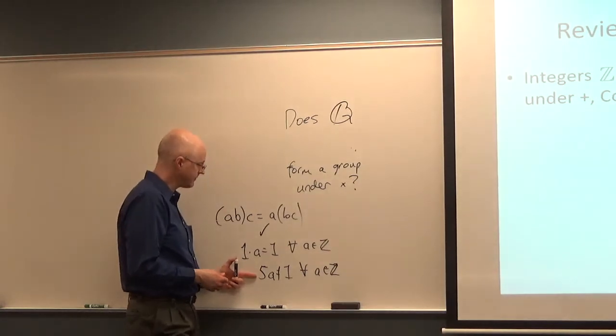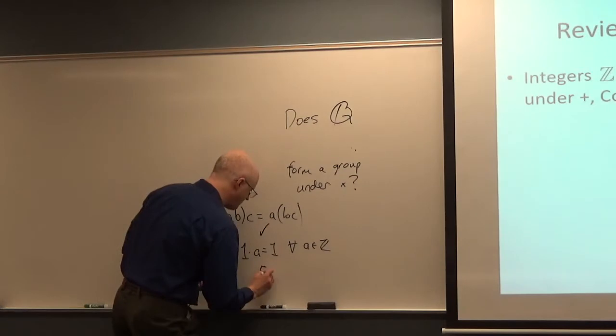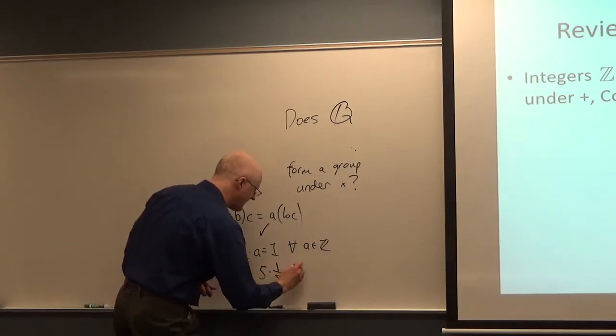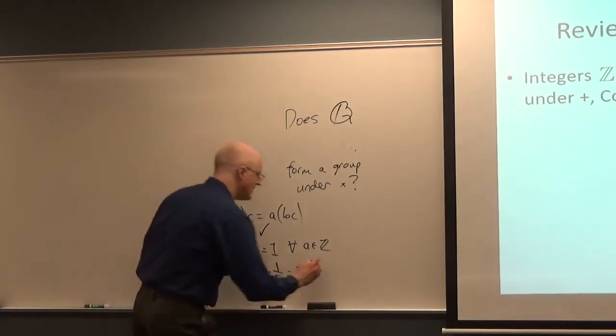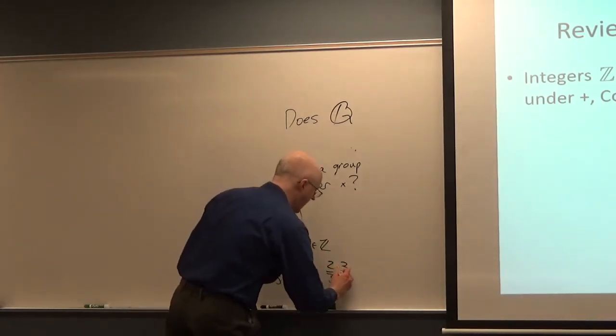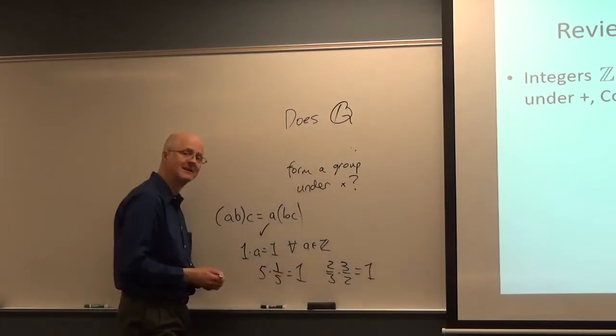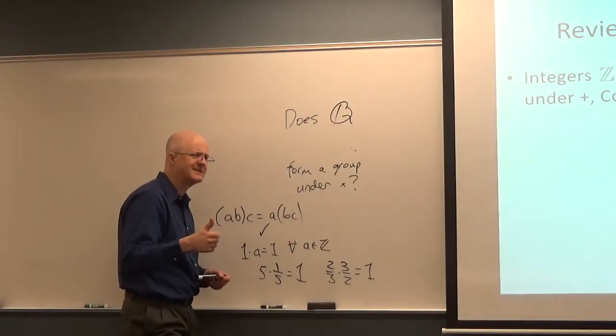That would have a multiplicative inverse now, right? 5 times 1/5 does equal 1. 2/3 has got a multiplicative inverse. It's 3/2. This product equals 1, the multiplicative identity. It's looking good, isn't it? Or is it?